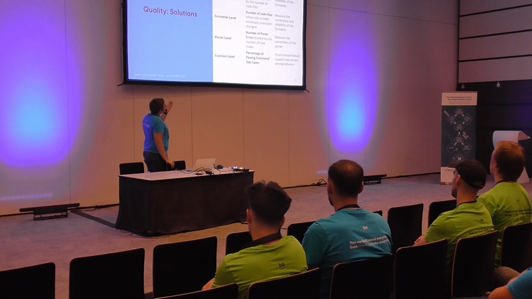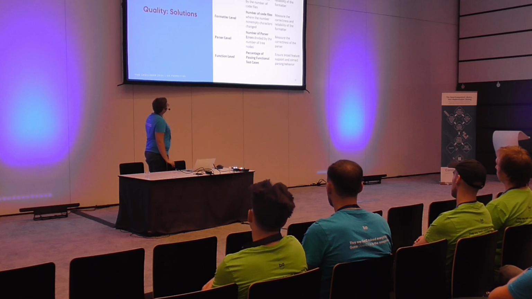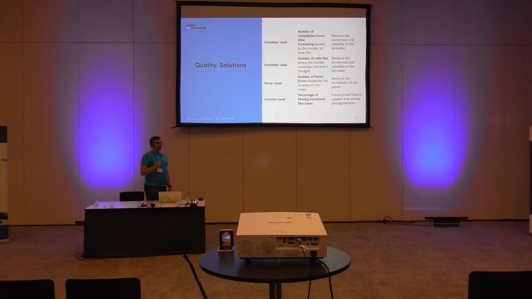So we already made the functional level tests, but we will also try to implement some other testing, what we call parser level testing, just to see how many tree-sitter errors we have from the language parser, and to see if the number increases or decreases. That might not be a very exact metric, but it would help us understand the quality of the parser.